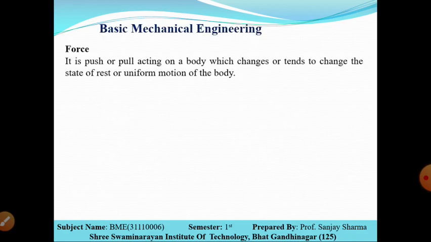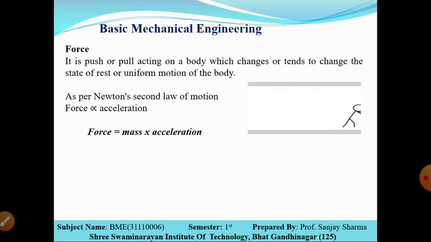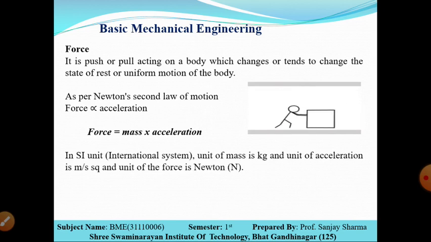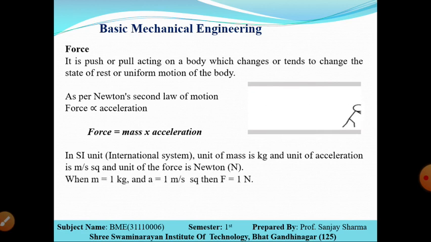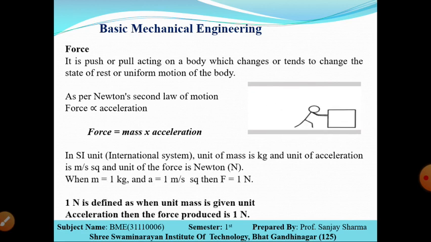What is force? It is a push or pull action on a body which changes or tends to change the state of rest or uniform motion of the body. We have seen that force is equal to mass into acceleration and its unit is Newton. 1 Newton is defined as the force produced when unit mass is given unit acceleration.